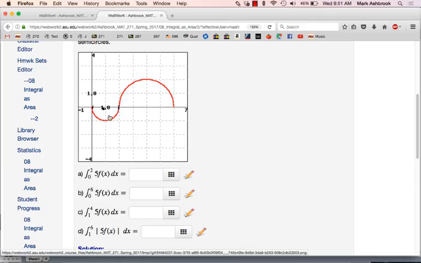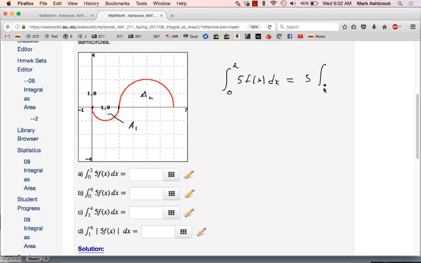what will that be? Let's call that A1, that whole thing there, and then A2 here. So in terms of A1 and A2, how could we express what the first integral, 0 to 2, of 5 f(x), is? First of all, the 5 is just 5 times that integral.